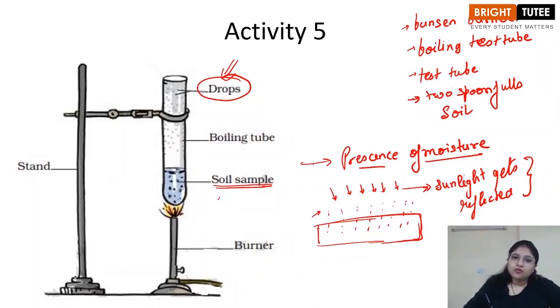This experiment shows the presence of moisture in the soil. To understand how the moisture affects the texture of the soil, you can take the same soil sample. Say you take 5 tablespoonfuls of soil, of which 2 tablespoons you put in the boiling tube, but the other 3 you keep as they are, not devoid of moisture.